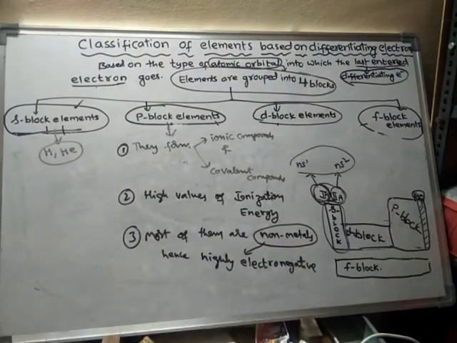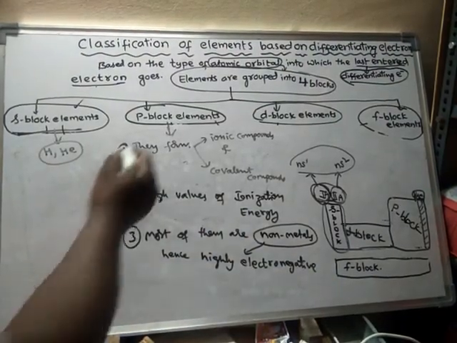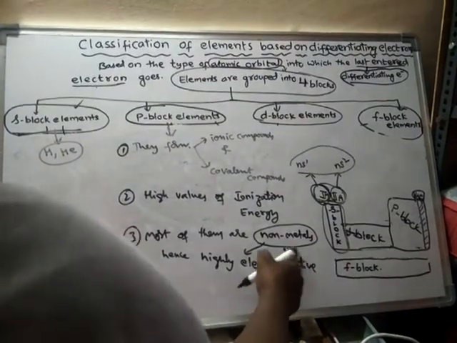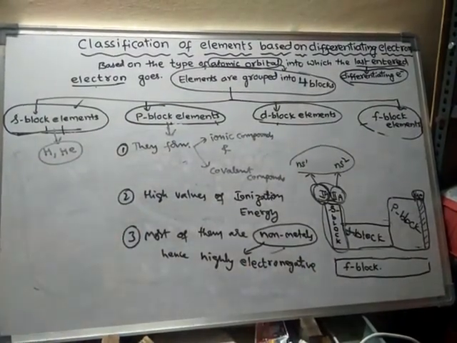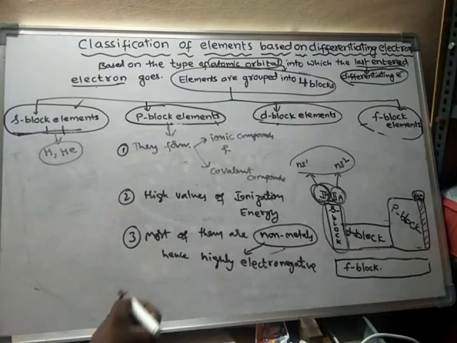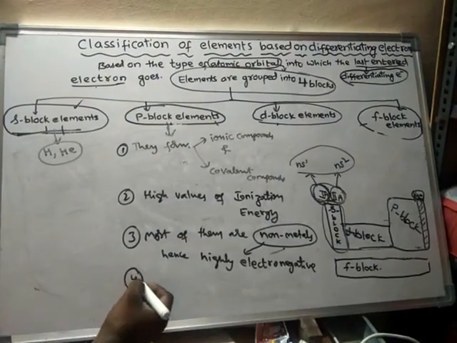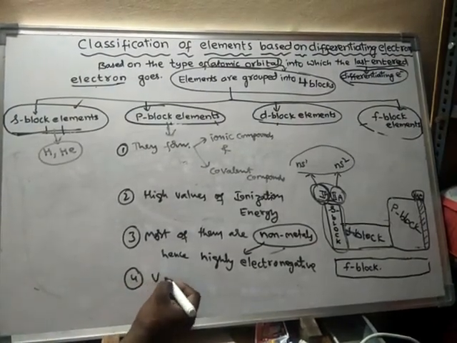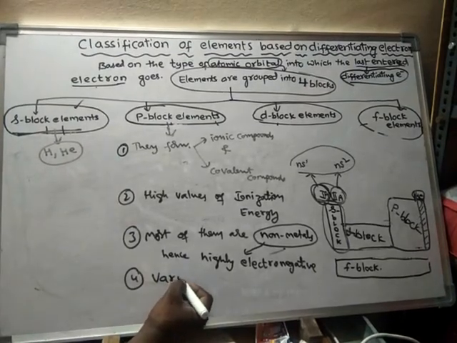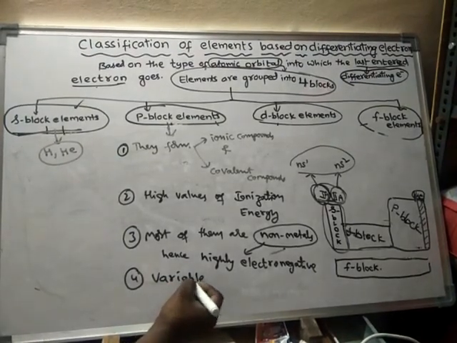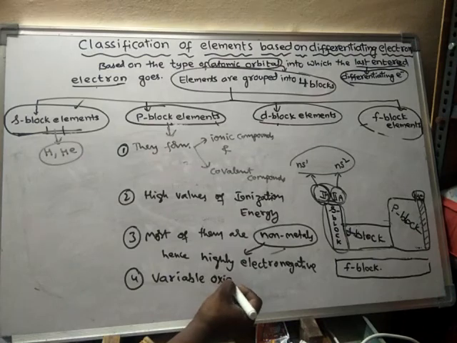But S block elements are highly electropositive. In P block elements, non-metals are highly electronegative. They also show variable oxidation states.